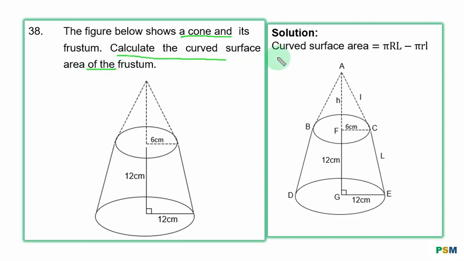Solution: curved surface area is equal to pi capital R capital L minus pi R L in small letter. We make little adjustments in the given diagram and we have it in this form.